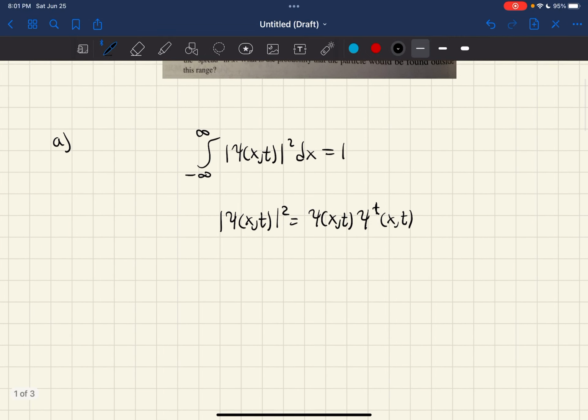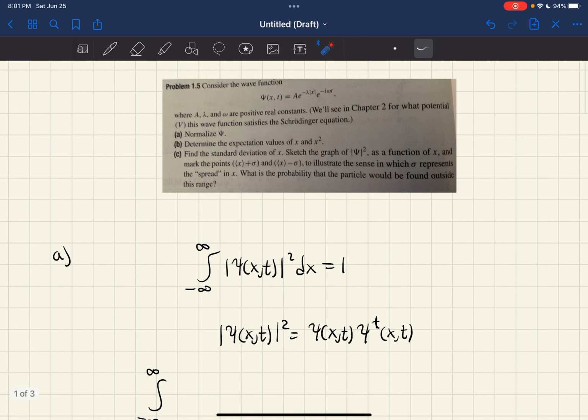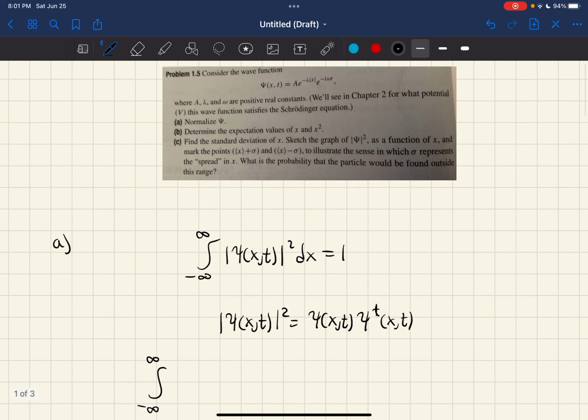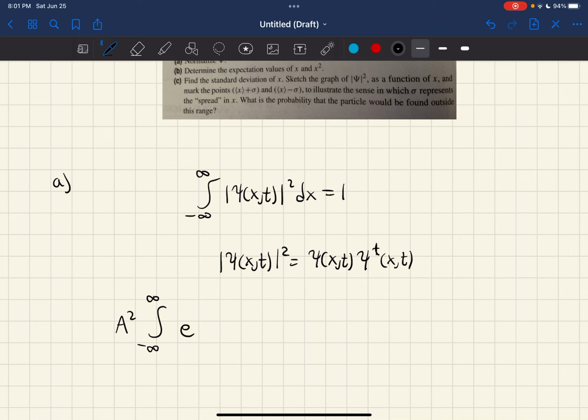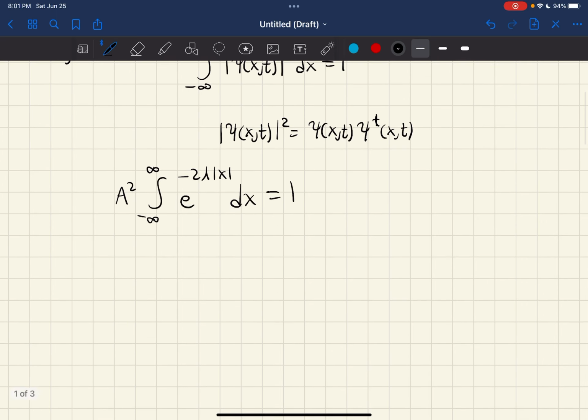So psi squared is just going to be this a term squared, and then this e to the minus lambda absolute value of x term squared. So you're just going to be left with a squared times e to the minus 2 lambda times the absolute value of x dx. And when we integrate this over all space, it should equal 1.